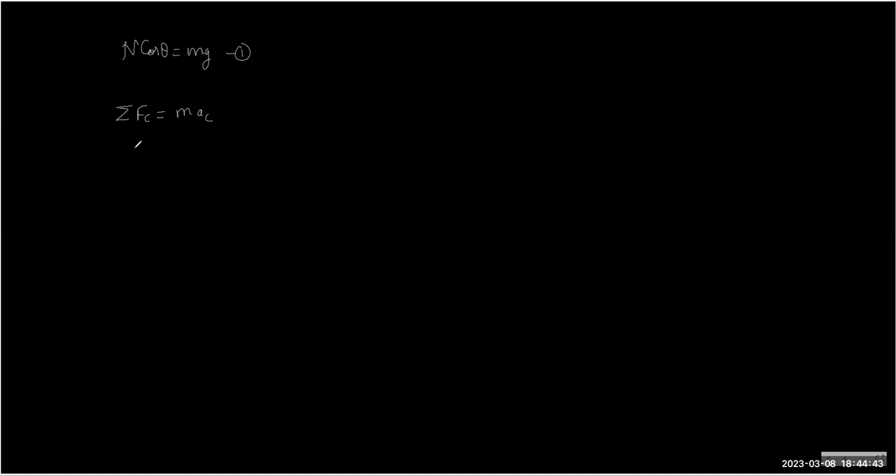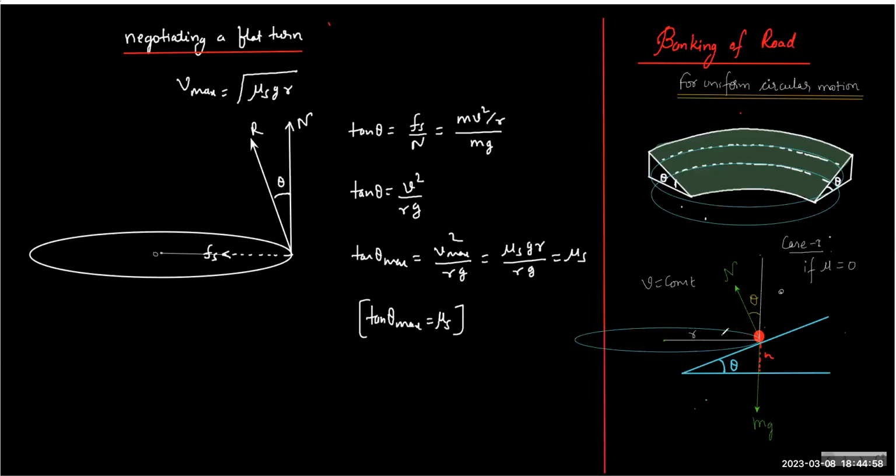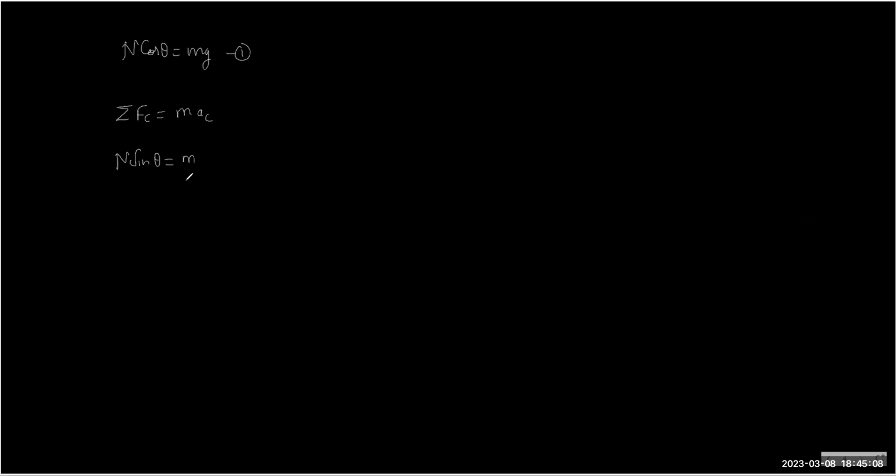So, and this will lead to what? N sin theta equals to what? m into v squared by r. V is given to you. So you are moving with constant velocity along this circle, and the radius of the circle is R. So N sin theta we can write as equals to what?